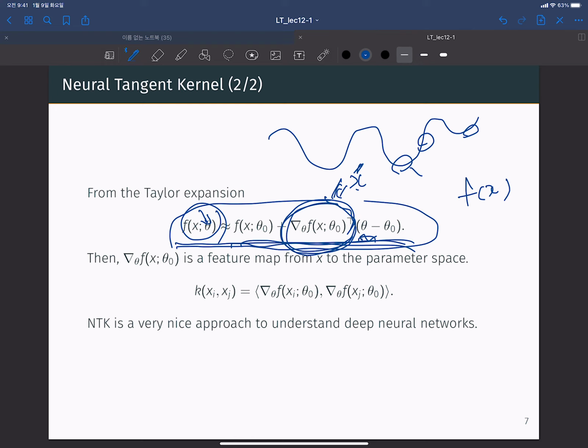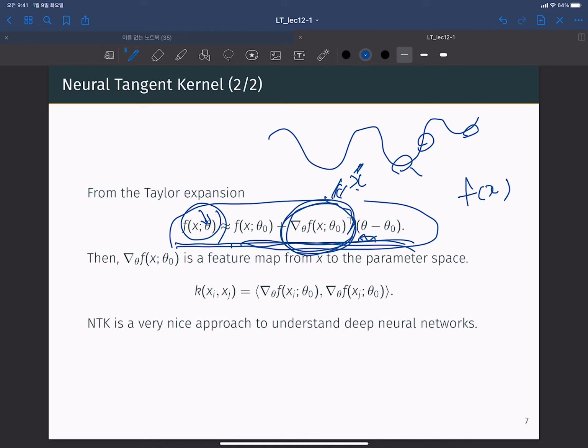And this approach, the kernel method, partially explain why such huge parameter still have very nice generalization behavior, which is because the neural net can be approximated by a tangent kernel, a kernel method, and kernel methods usually have a very nice convergence behavior and very nice generalization behavior. That is one nice thing of neural tangent kernel. It gives us some hint of why neural net works very well.